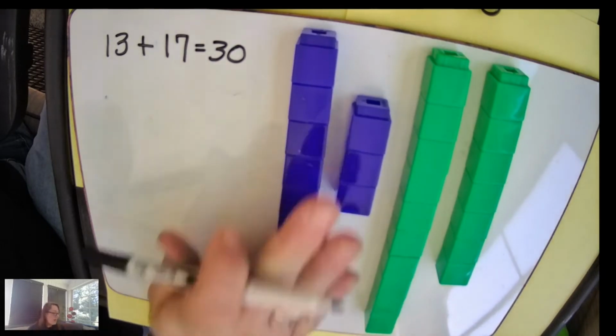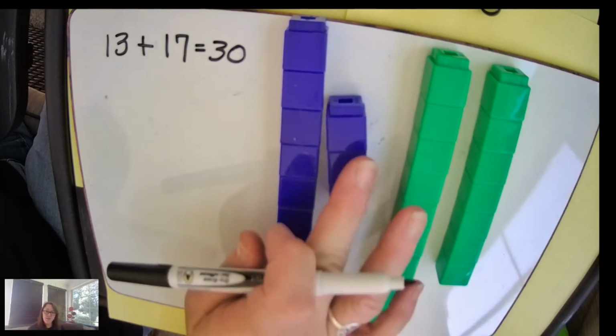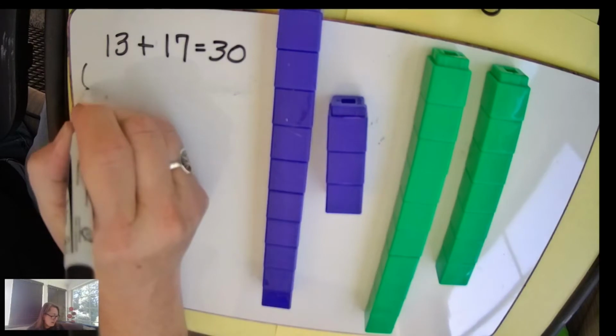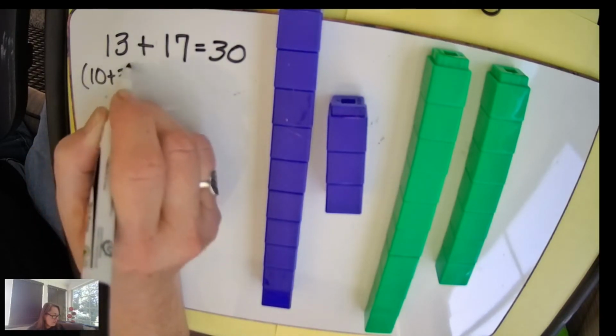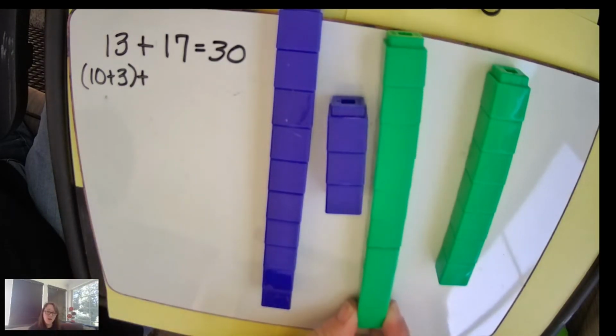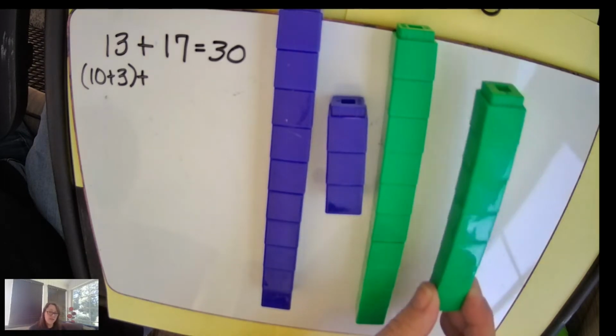All right. So Davon says he thought about the 13 as a 10 and 3 ones. Okay, so you broke that apart into 10 plus 3. And then also broke apart the 17 into 10 plus 7.